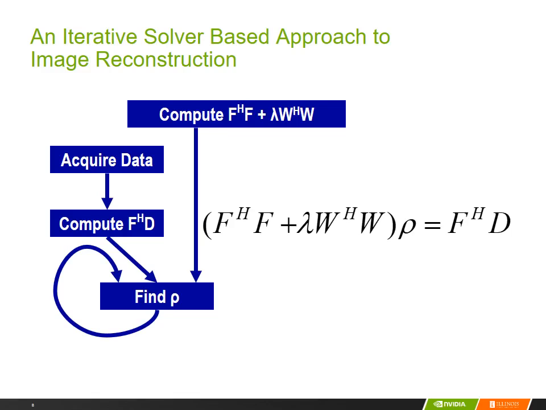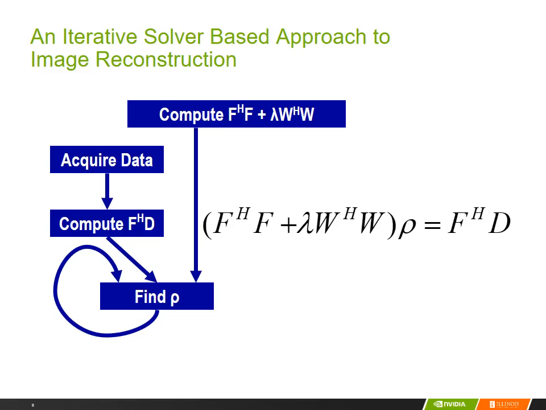Rho is the image that we're trying to reconstruct. And on the right-hand side, we have FHD, which is based on the acquired data. And we have an operator, F Hermitian F plus lambda W Hermitian W, and we're going to call this operator Q. This operator can be pre-computed based on the machine characteristics and the scanning environment.